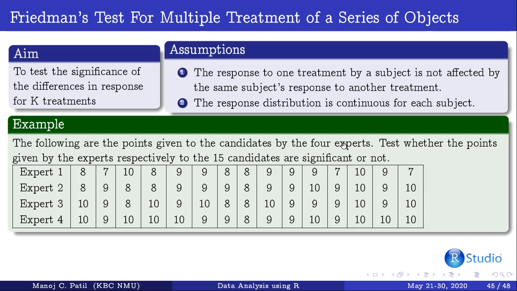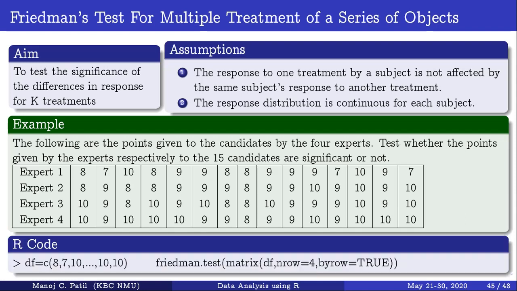Moving forward, we put all observations in df and convert it into matrix form. We have done the same thing for the two-way ANOVA case.